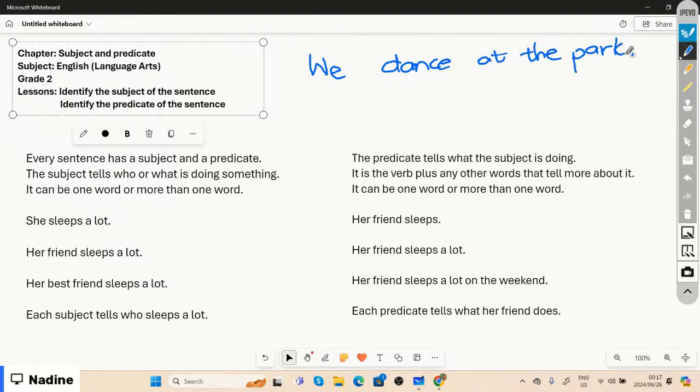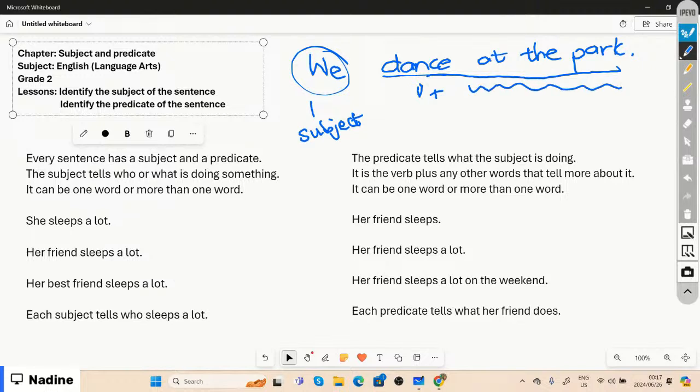If we were to identify the subject within that sentence, we can say we is the subject, and the subject tells us who is doing something. Dance is our verb. But if we were to identify the predicate, then dance at the park is our predicate. So it's the verb plus all the other words within that sentence.